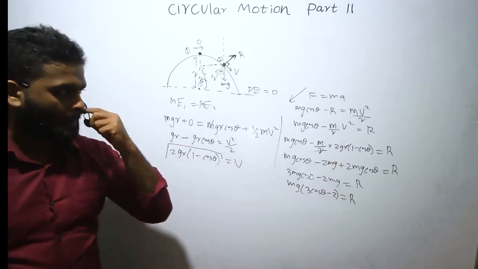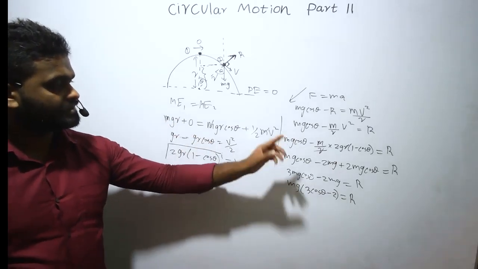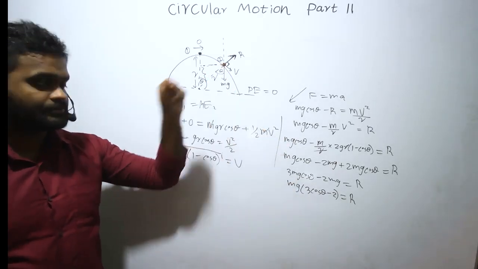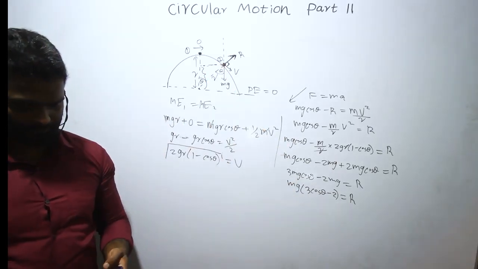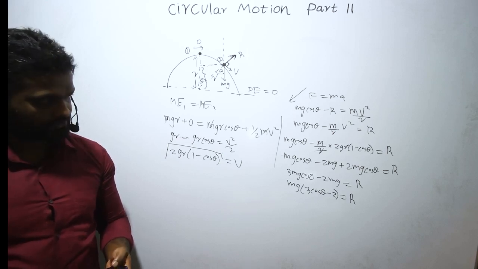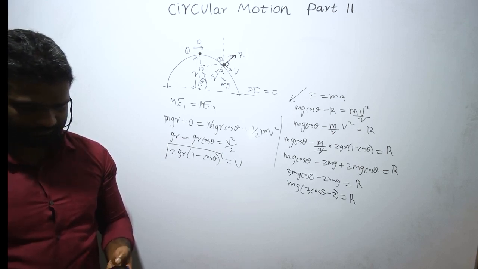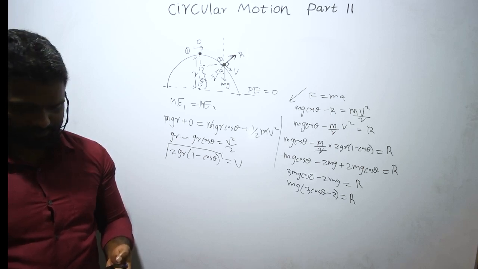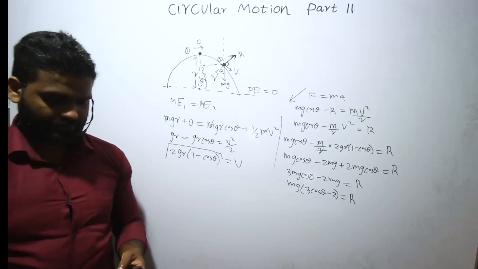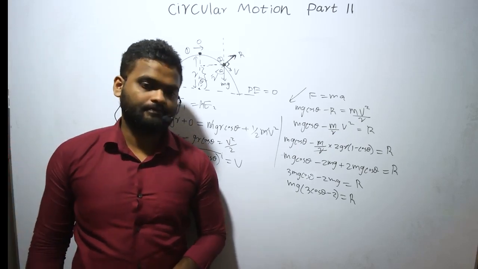So it is the normal reaction force in terms of mg and theta at this point. So the answer should be 3 cos theta minus 2, the fifth one. The answer should be the fifth one there.